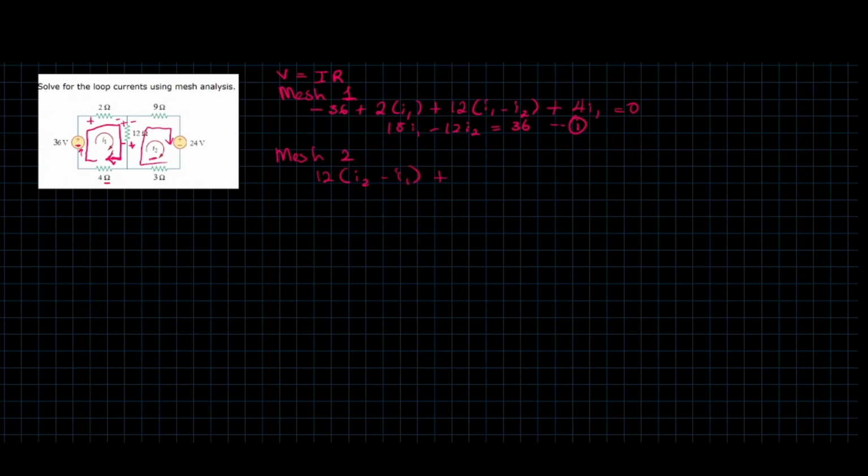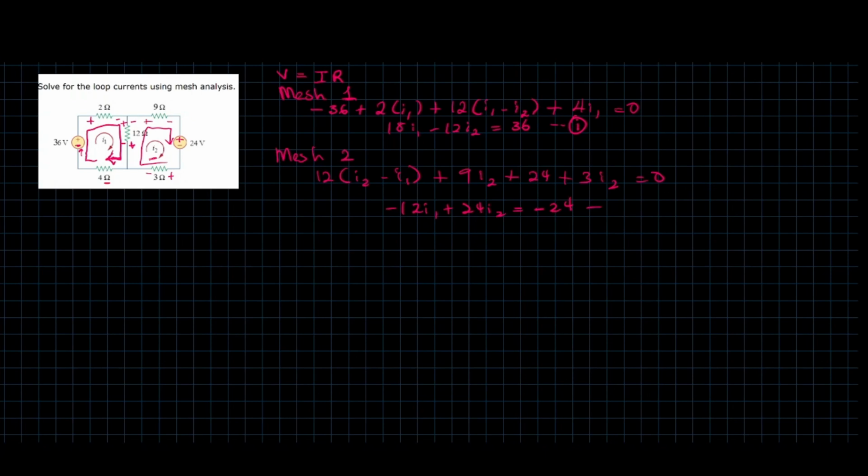The next one is plus 9I2. What's the first sign you see here? Plus 24, plus 3, because current still drops across it, plus 3I2 equals 0. Now simplify this, and you're going to get minus 12I1 plus 24I2 equals minus 24.